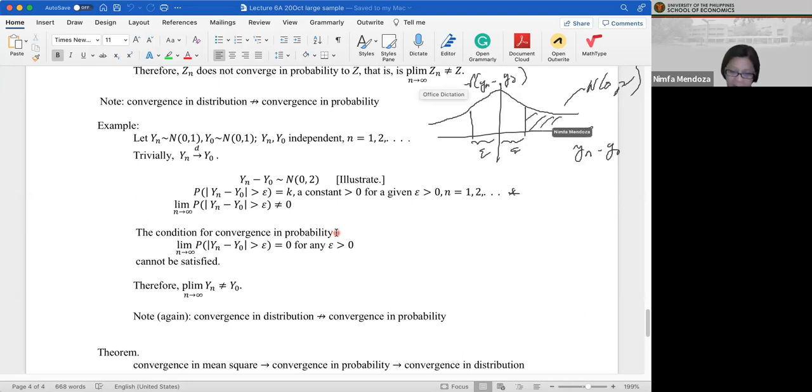So the k here would be the sum of these areas. So k is the sum of the crosshatch areas. So it would be some constant k.